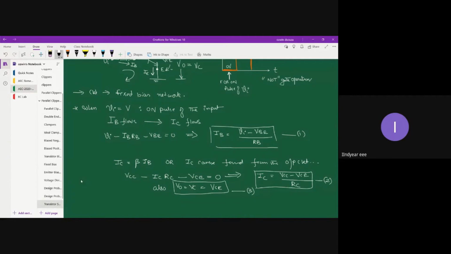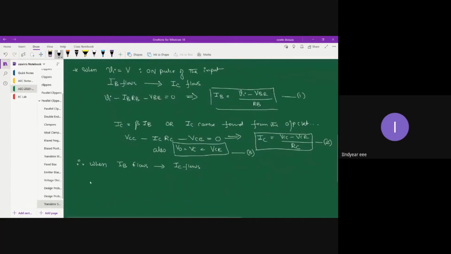Now, when IB flows, you know that IC flows. In case of transistor switching, RB is selected in such a way that IB is maximum.